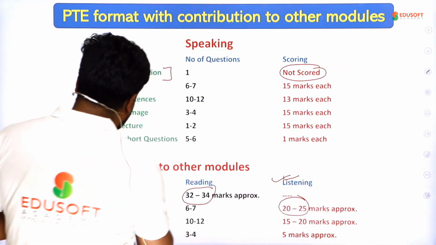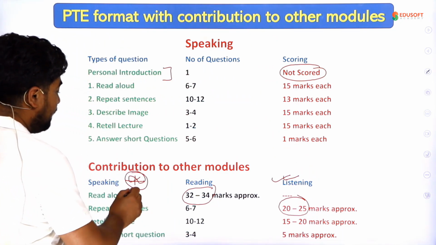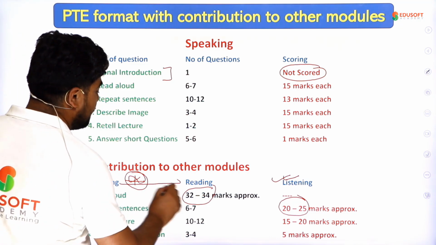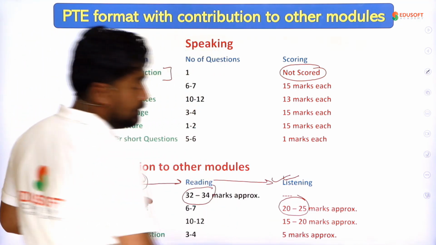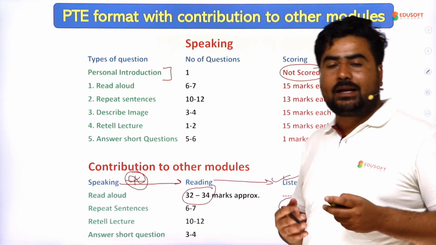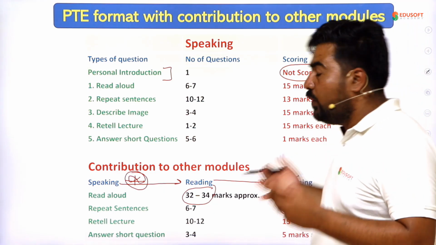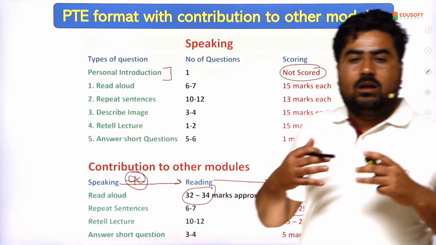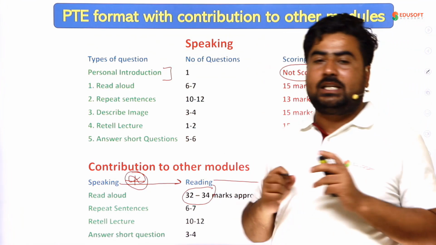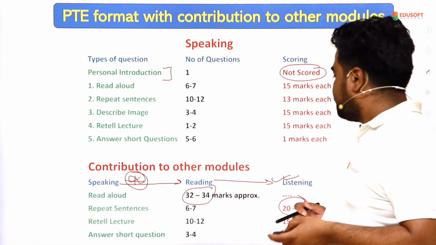As you are giving the speaking test, this is what you are doing, but it will contribute to your reading also, your listening also. So you need to know the contribution well, and while you practice, you will be aware of how many marks you are getting in the next module from this particular section.